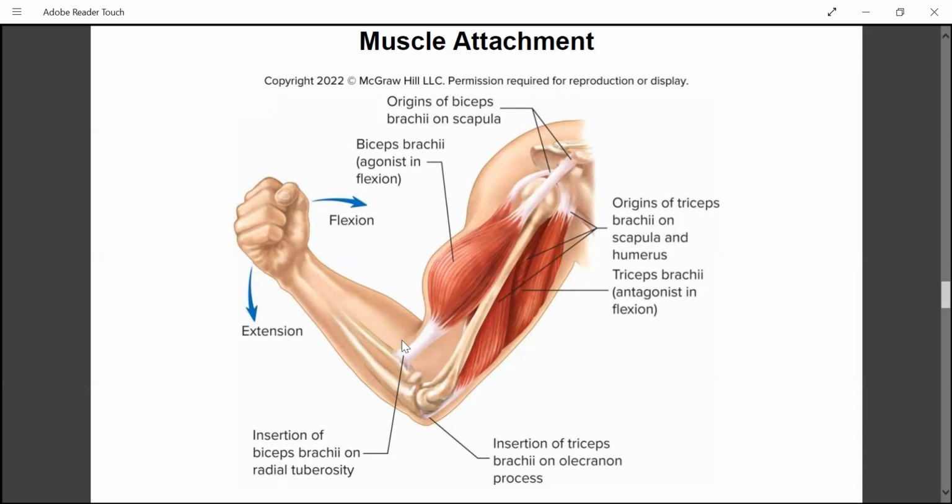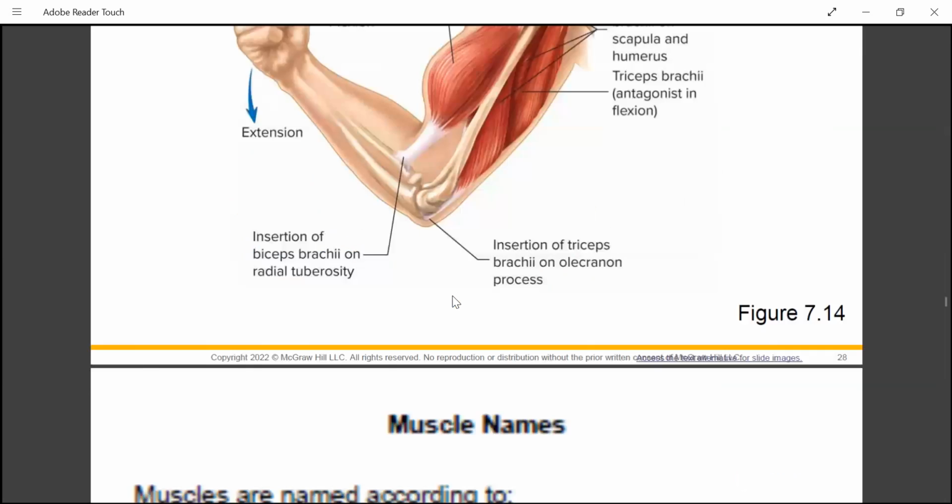The insertion on the radial tuberosity is going to move towards the origin. Our triceps, which straightens the elbow, is going to be our antagonist. And then if we had our brachialis or brachioradialis here, a couple of other elbow flexors, those would be our agonists. So agonists help, antagonists oppose.